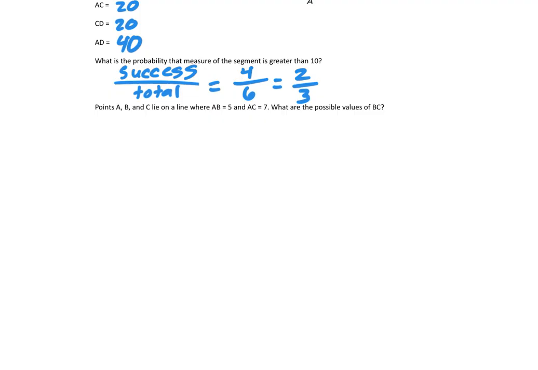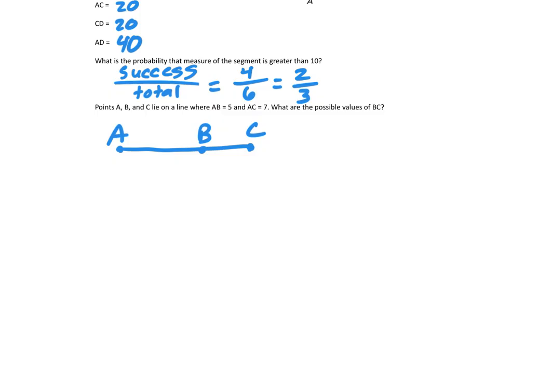Okay, points A, B, and C fall on a line. And so probably the way that most of us think about it would be something like that. It doesn't necessarily say that B is in the middle or any of that kind of stuff.